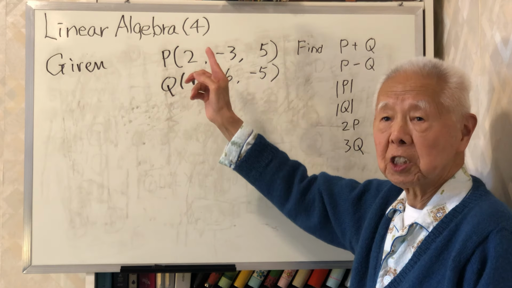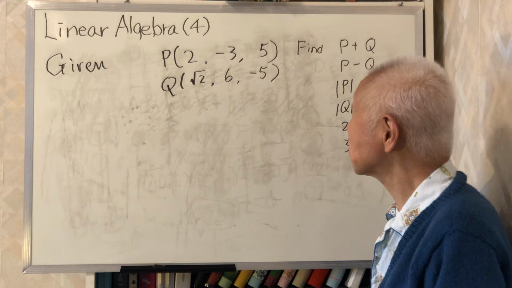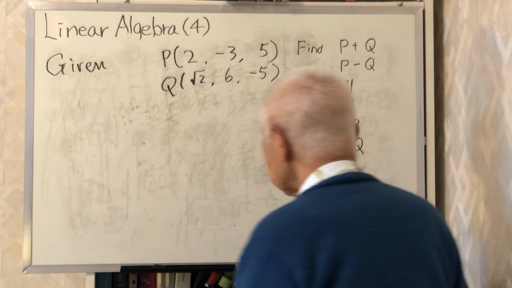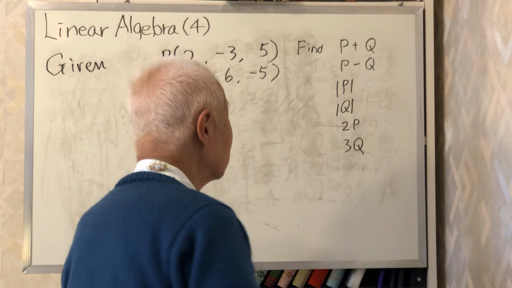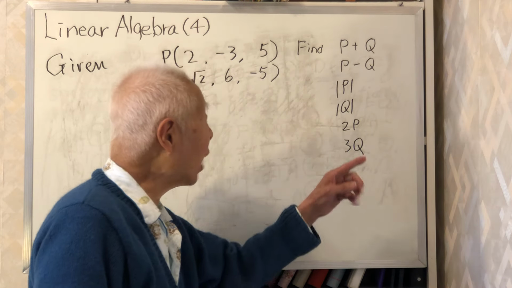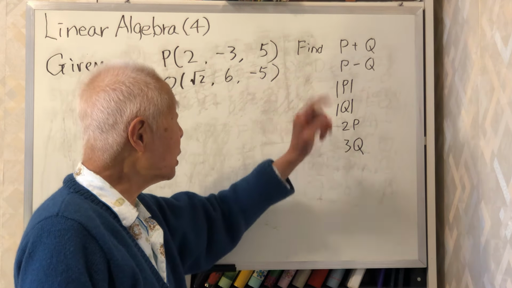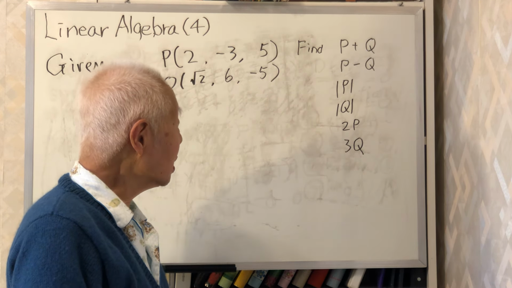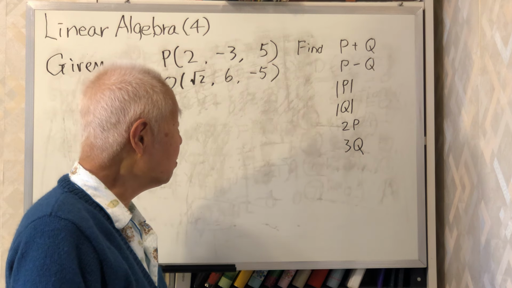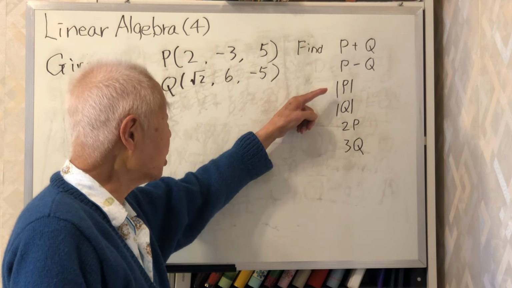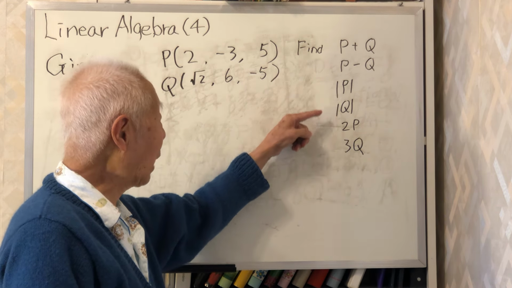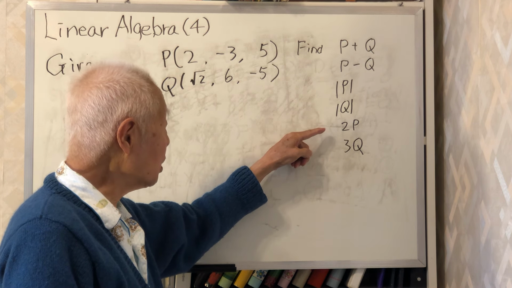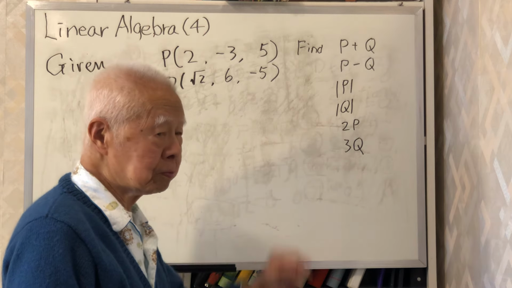I am given P and Q. I want to find P plus Q, P minus Q, the absolute value of P, the absolute value of Q, or you say magnitude of P, magnitude of Q. I want 2P, 3Q.